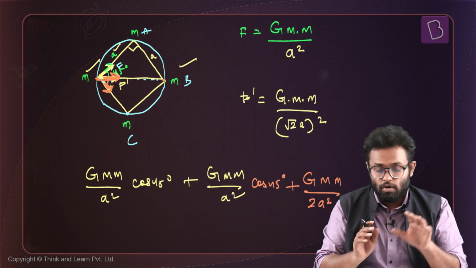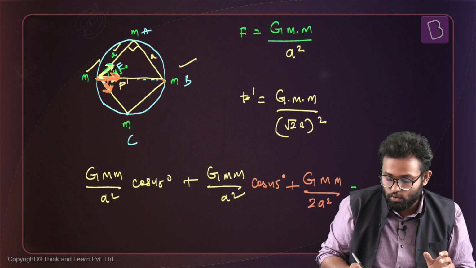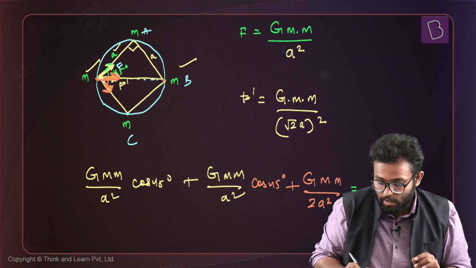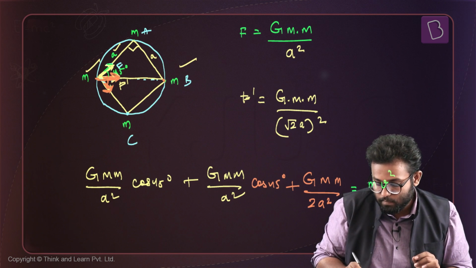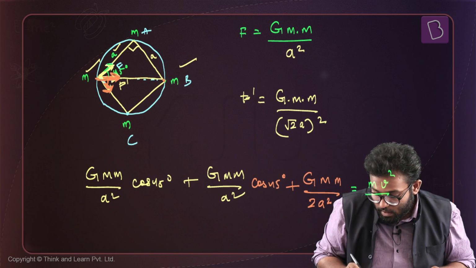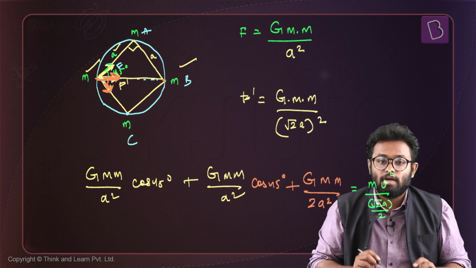This is the net force on any of the masses. This must be equal to the centripetal force, which is m v square by r, here r is root 2 times of A, that's the diameter, divided by 2, so that is A by root 2, right?